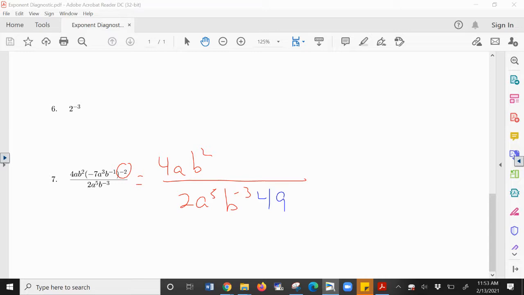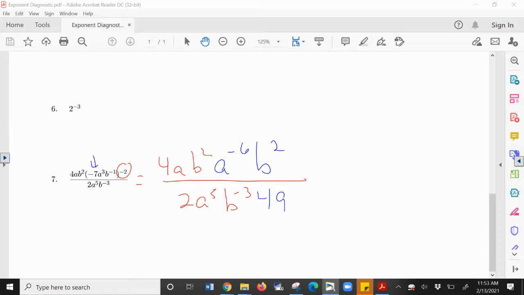So I'm going to put 49 in the denominator because of this -7 to the -2 power. Then a to the third to the -2 power: I could just multiply those together. So 3 times -2, and b to the -1 times the -2 is b to the +2.